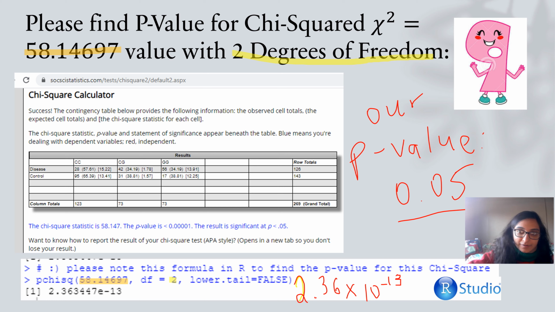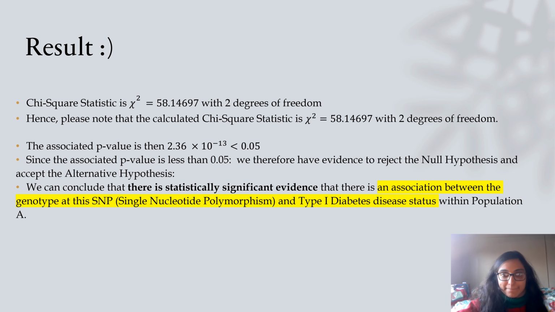So what our actual p-value is, this is what it is, this value right here. That is it, and this is our p-value threshold, and our p-value is definitely lesser than this value of our threshold. So it's actually much smaller than that.